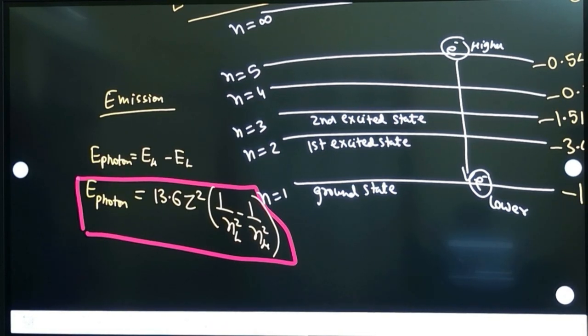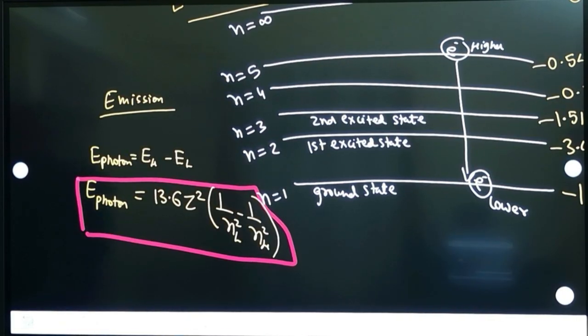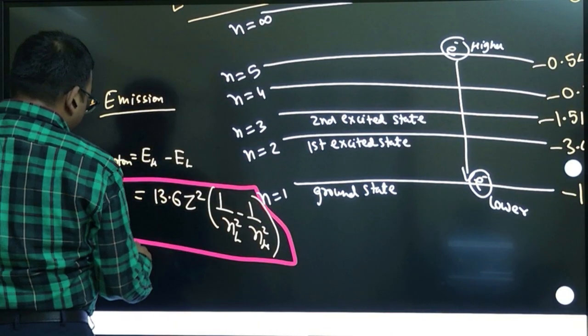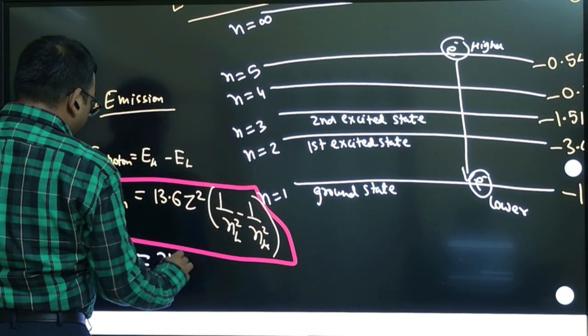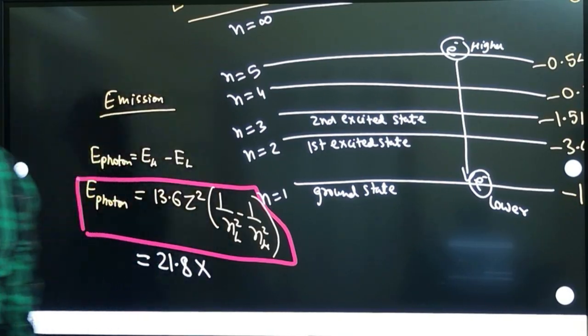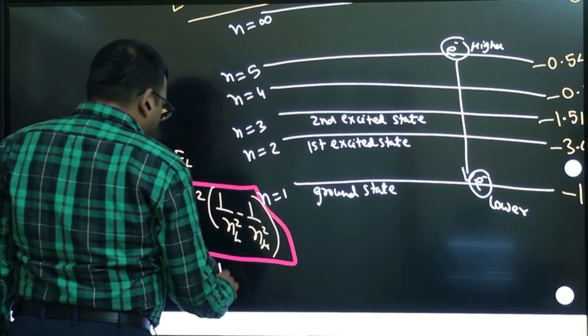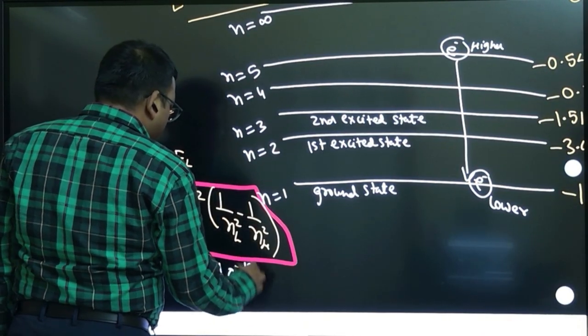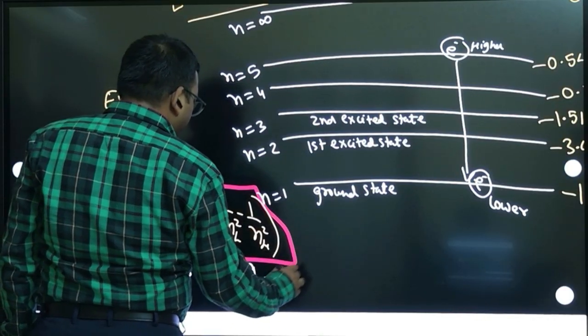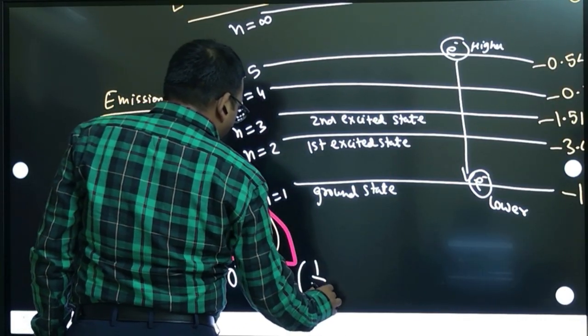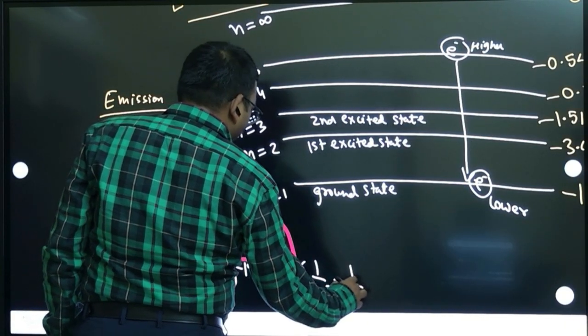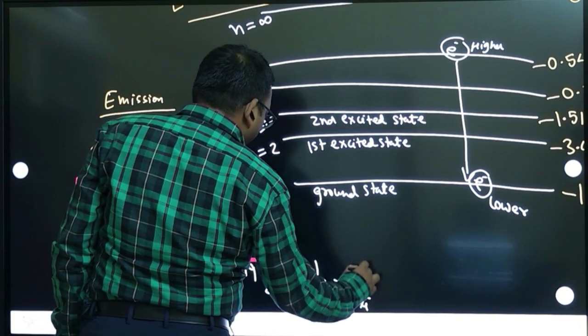And if you want to write it in joule, note that the same thing can also be written as 21.8 into 10 to the power minus 19 Z square times 1 by n lower square minus 1 by n higher square.